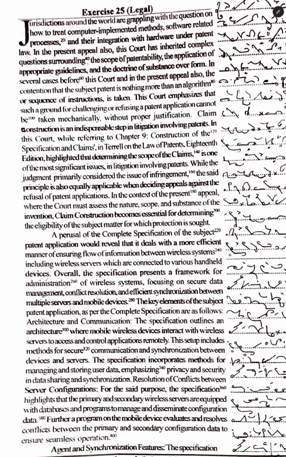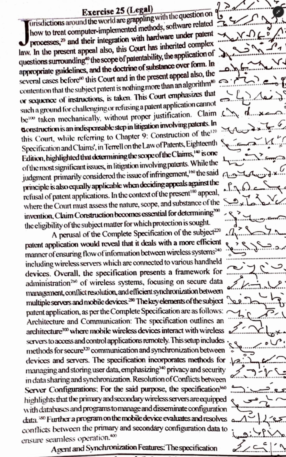In this court, while referring to Chapter 9, construction of the specification and claims, in Terrell on the Law of Patents, 18th edition, highlighted that determining the scope of the claims is one of the most significant issues in litigation involving patents.